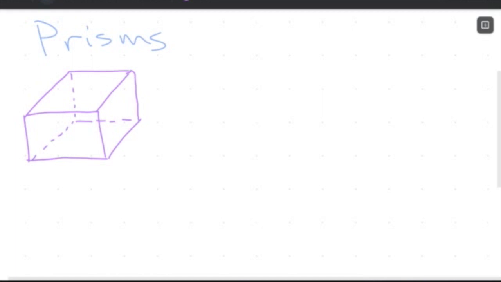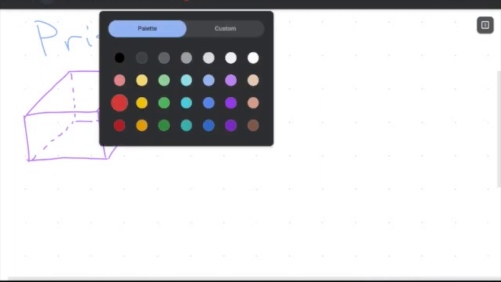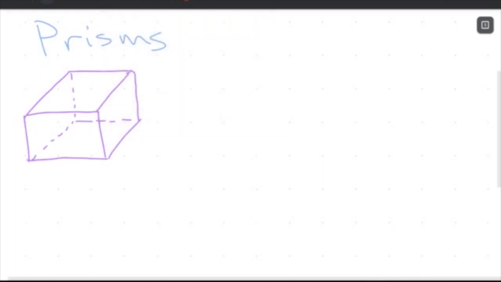So what we mean by that is that if I were to slice this prism in half, so if I say cut it here and I slice this whole chunk off the front here, I would get, once again, the same shape going through. I would get the exact same face here as I would at the back and all the way through this shape.